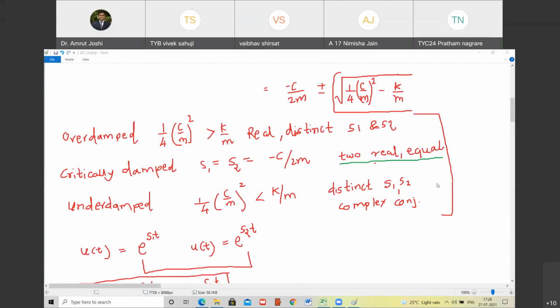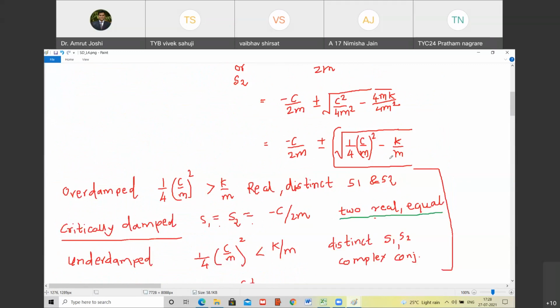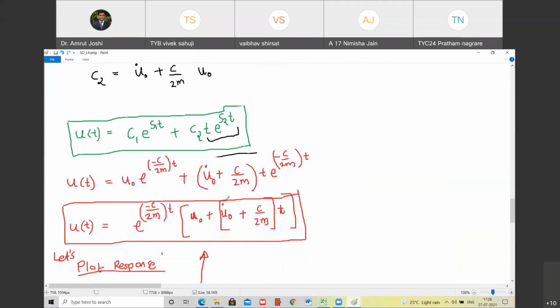I see silence there, so I assume that I have to repeat this. When the critically damped system is there, S1 is equal to S2 because the term under the root becomes 0. So when will it become 0? When 1 by 4 C square upon M square is equal to K by M. That's what I have written.